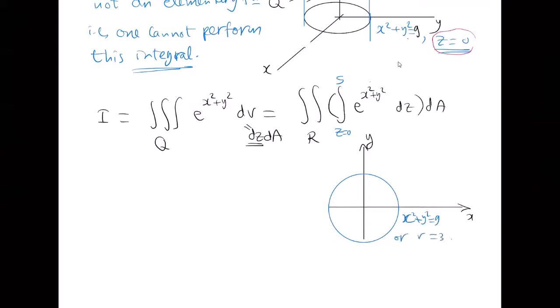This is easy, because there is no z here, so this can be considered as a constant. It comes out, we integrate in z and substitute to get 5, and the 5 is out. So we come to a double integral of e to the x squared plus y squared dA over this region. This is the region R.